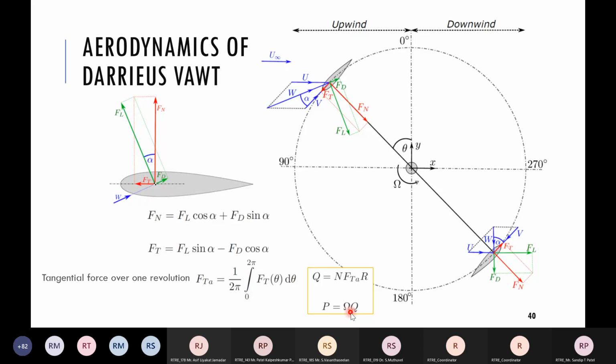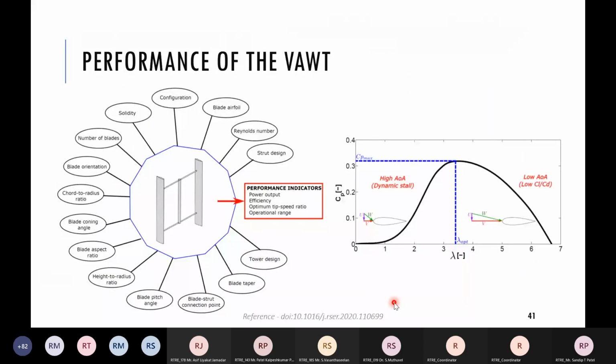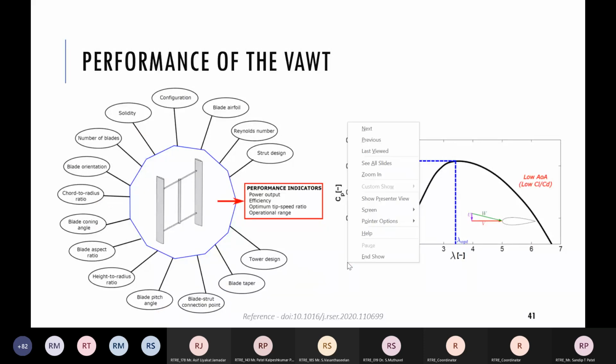So these are the affecting performance parameters on straight bladed Darrieus, which include solidity, number of blades, pitch angle, aspect ratio, which is height to radius ratio, okay, blade aspect ratio, etc. Fine.